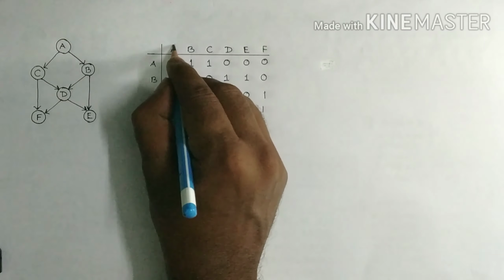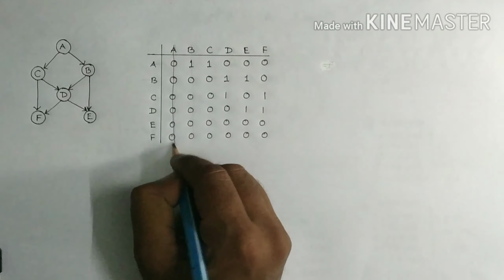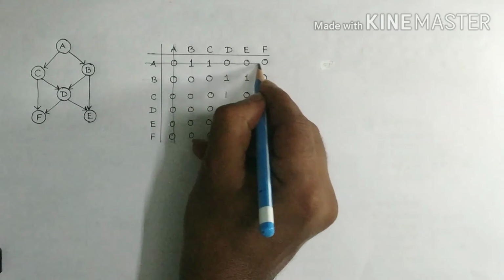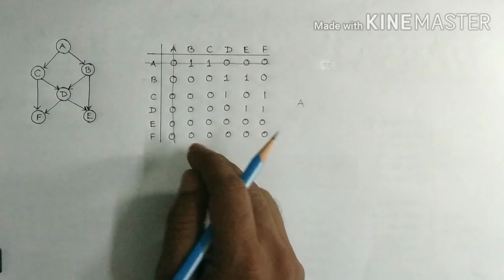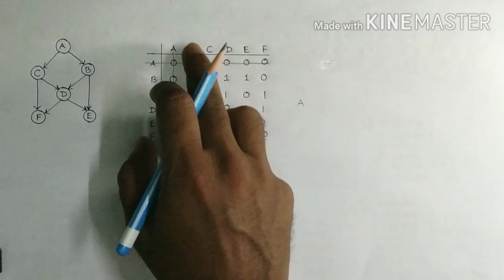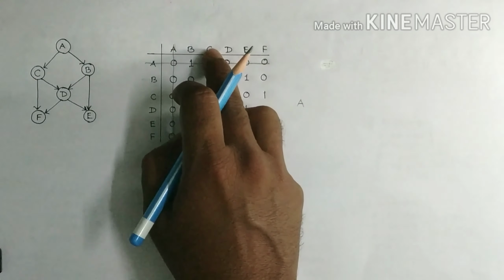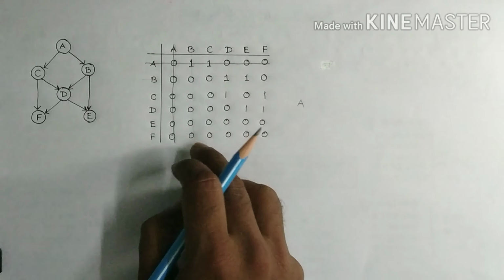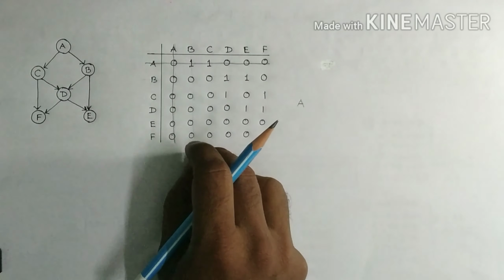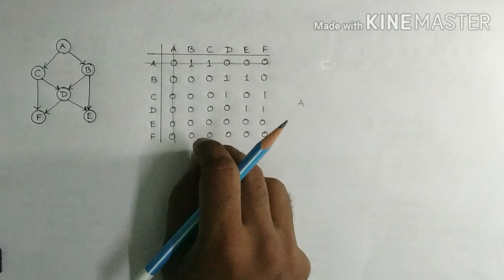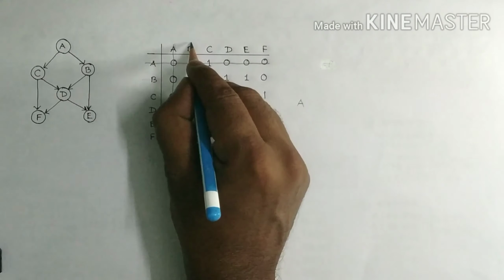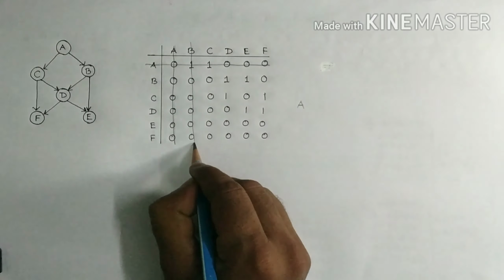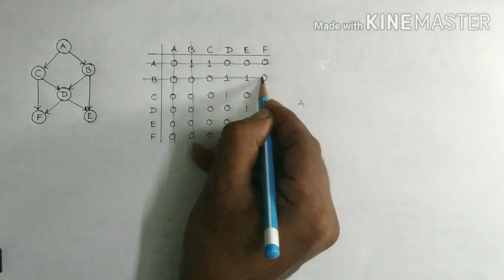So delete column A and row A. Now there are two columns B and C, both having all elements 0. So you can choose either B or C. Here I am choosing B first. So delete column B and row B.